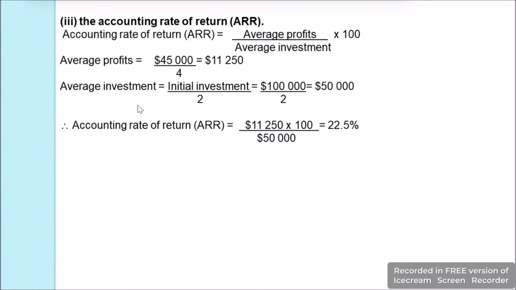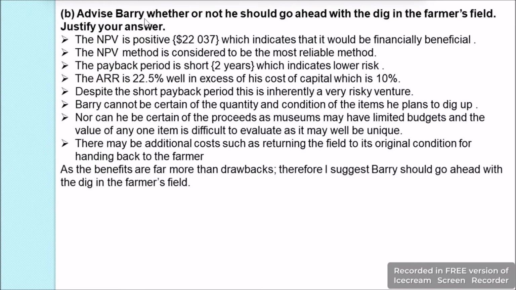The average investment, we have the initial investment, which is 100,000 divided by 2. We don't have any scrap value, so it will be 100,000 divided by 2, which will be $50,000. And now our accounting rate of return will be equal to 11,250 divided by 50,000 times 100, which will be 22.5%.